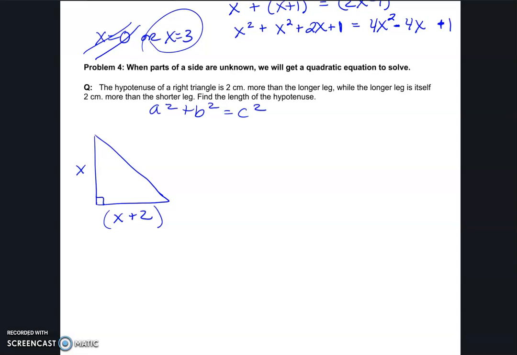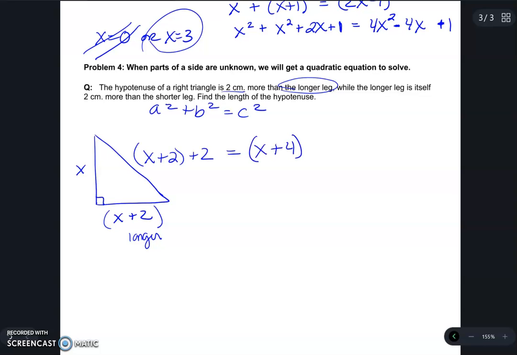My hypotenuse is 2 centimeters more than the longer leg, so x plus 2, and then 2 more than that, so altogether my hypotenuse is x plus 4. That's the tricky part with that one. Then again, you're going to just pop into the Pythagorean theorem here, simplify and solve, and your answer should come out to be 10 centimeters.